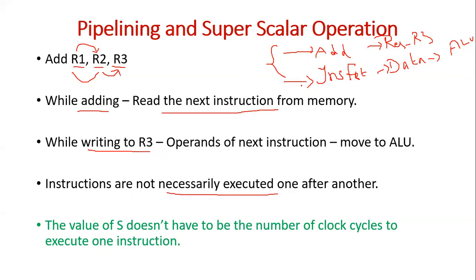The processor is allowed to change the execution order, but it should ensure that the output does not change. Here there is an important line: the value of S does not have to be the number of clock cycles to execute one instruction.